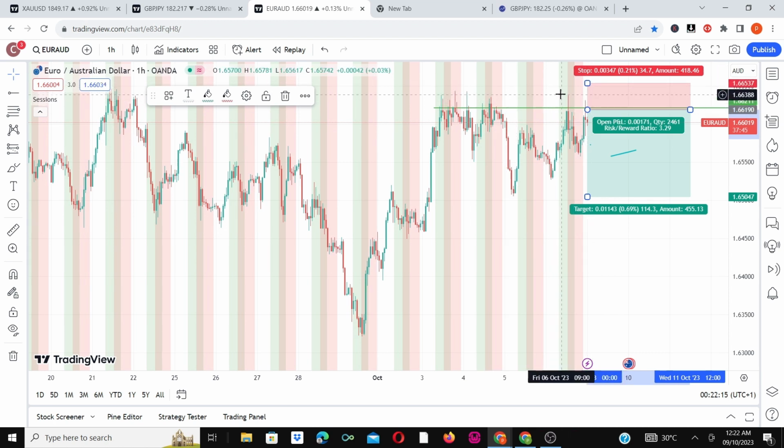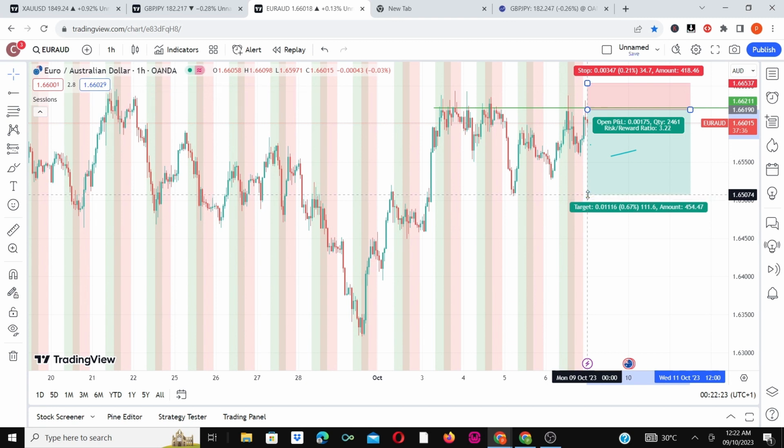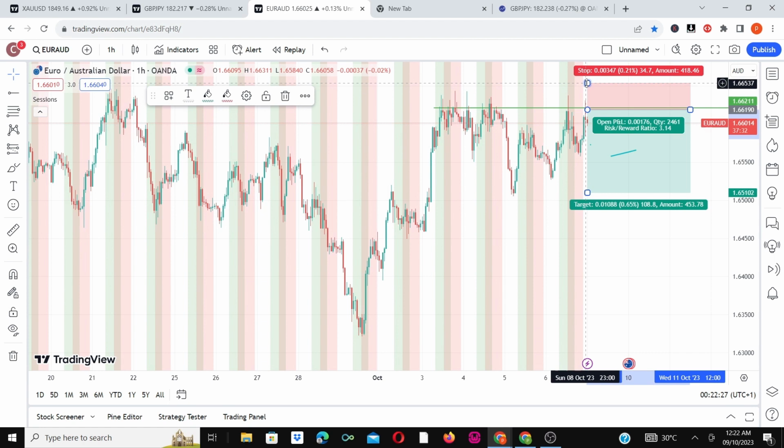So that's just a basic stop loss placement, and probably I'll go into other advanced stop loss placements in other videos, as it comes. That's if I do that.